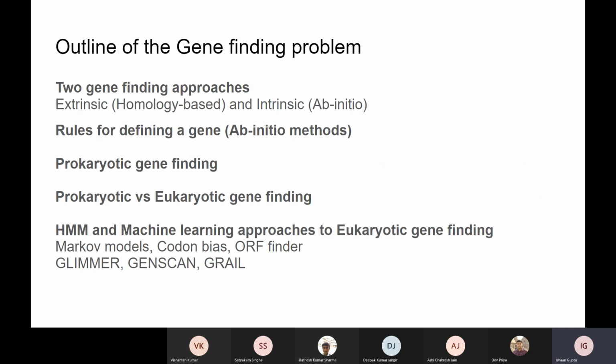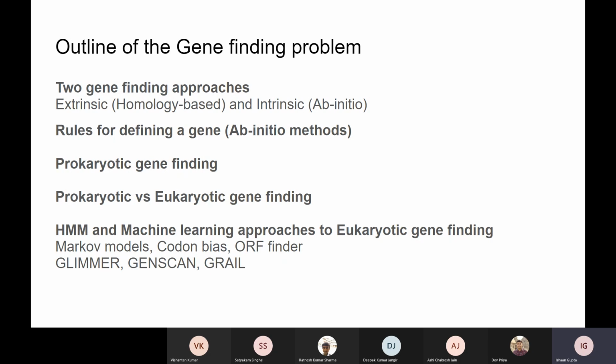So when we want to find a gene in an organism, there are two basic approaches. The first approach is called the extrinsic approach, something that you've already been exposed to using, say, homology-based searching. Homology is the idea that a gene is inherited between organisms.